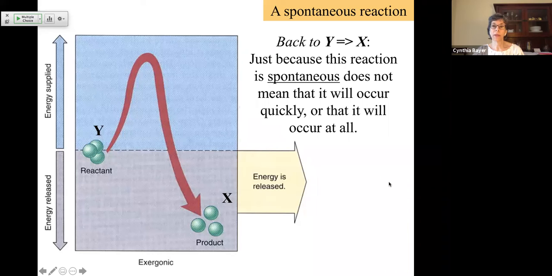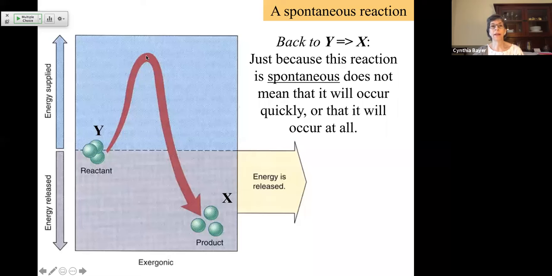We say it's spontaneous because it will be adding to the disorder of the universe. But being spontaneous doesn't mean that it happens quickly, and it may not even occur at all. And the reason for that is this conversion of Y to X requires Y to get over this energy barrier.